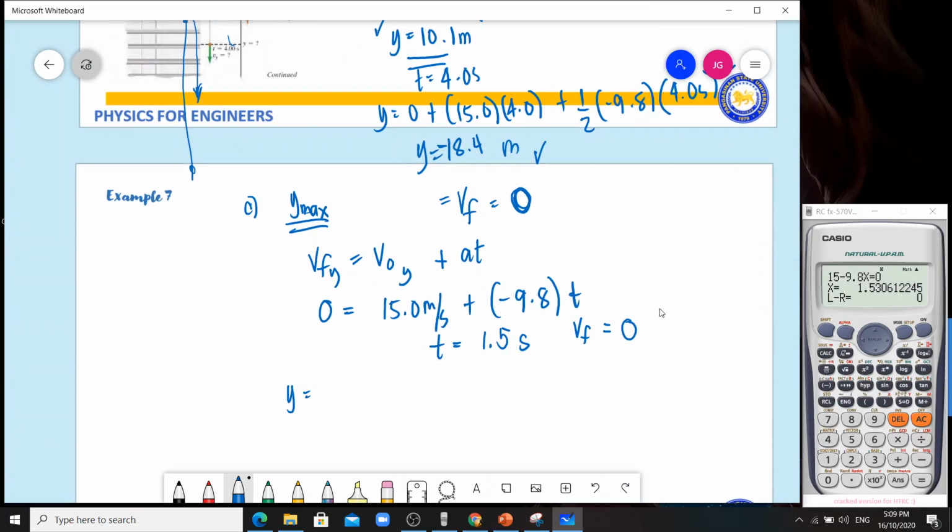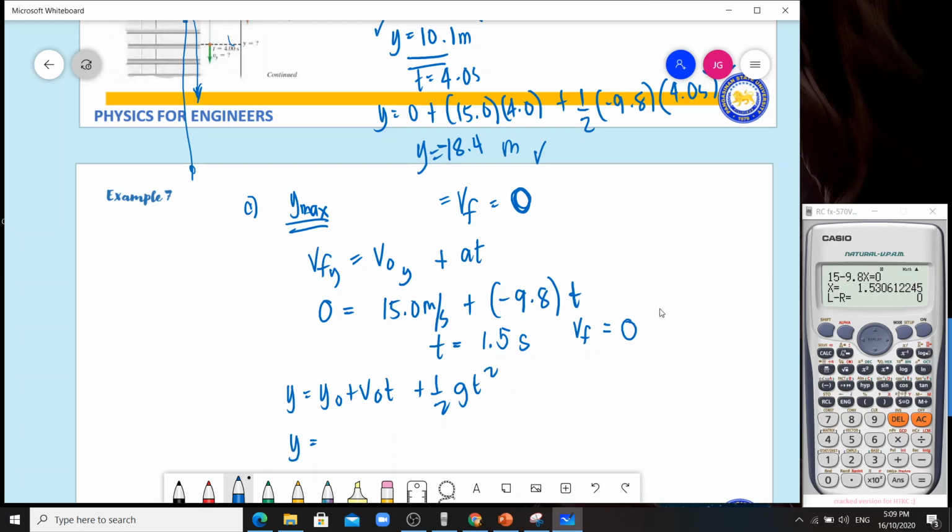So y is equals to y0 plus V0t plus 1/2 gt squared.